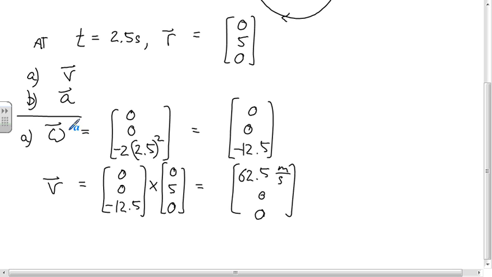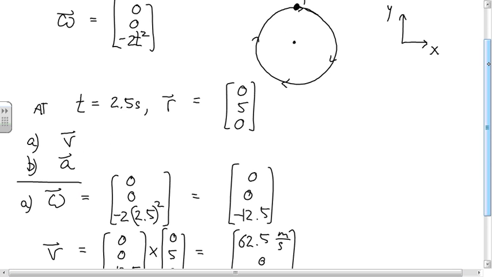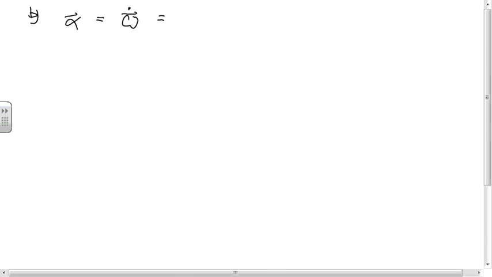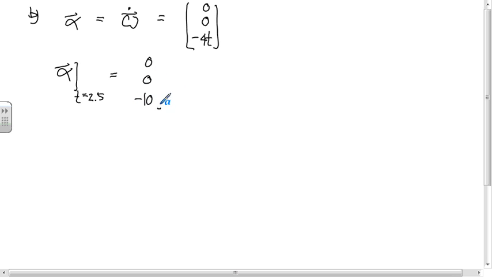So the time derivative of our omega function here, 0, 0, negative 2t squared, is 0, 0, negative 4t. And so if we evaluate the angular acceleration when time is 2.5 seconds, we get 0, 0, negative 10. And the units here are radians per second squared.